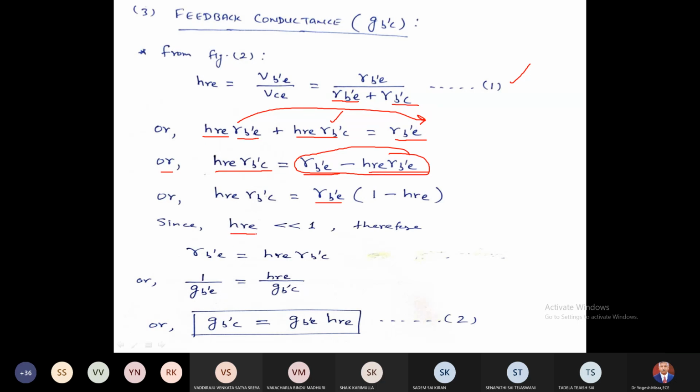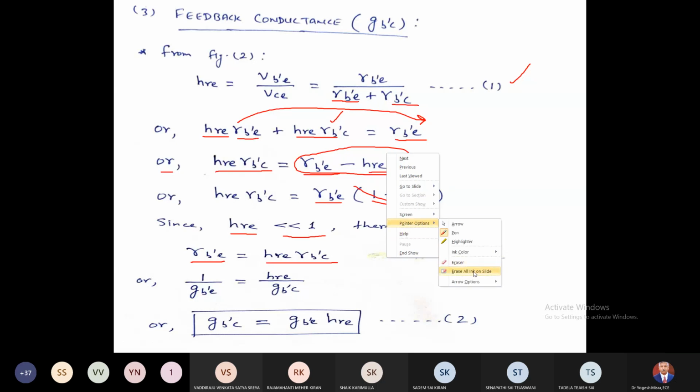So since HRE is less than 1, here 1 minus HRE, HRE is a very small quantity. So you can neglect the HRE term here. So what we got? We got this expression RB'E, this means this we have neglected totally. This is equal to HRE RB'C, right?